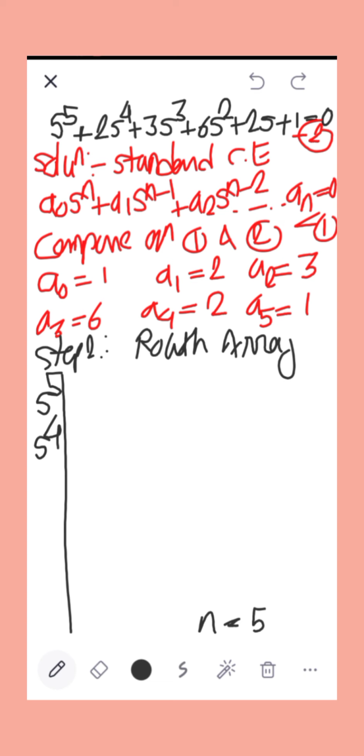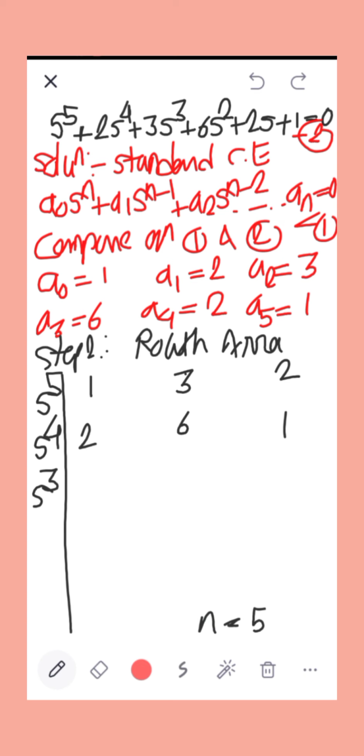The first row is of even coefficients. So even coefficients are 1, 3. I am writing directly 1, 2, 3, 6, 2, 1.